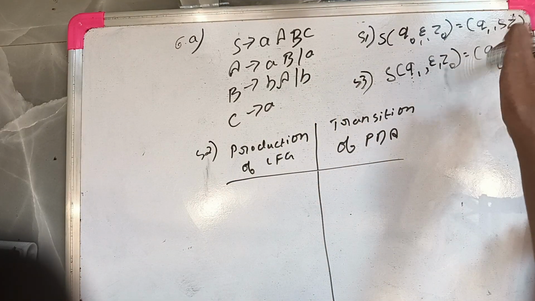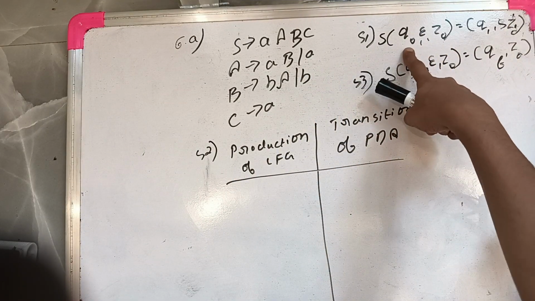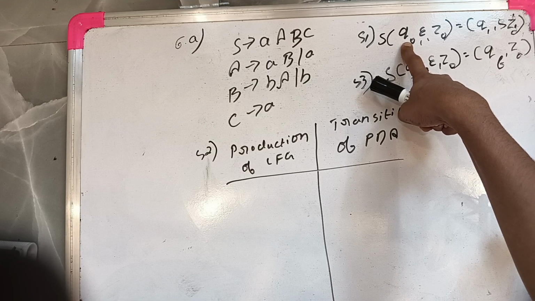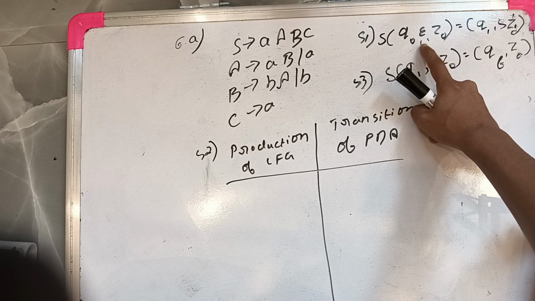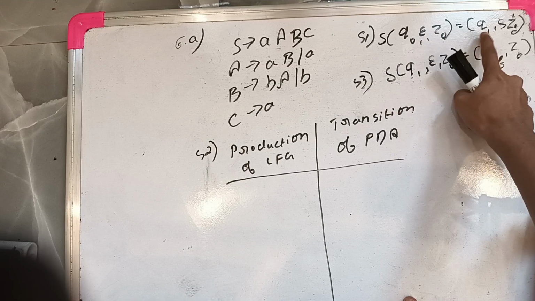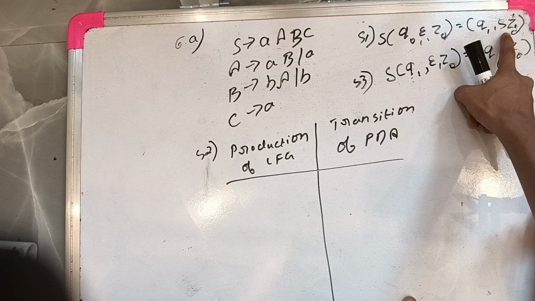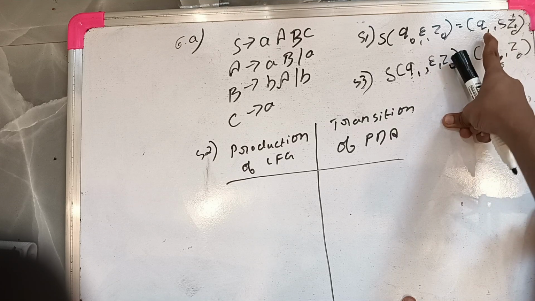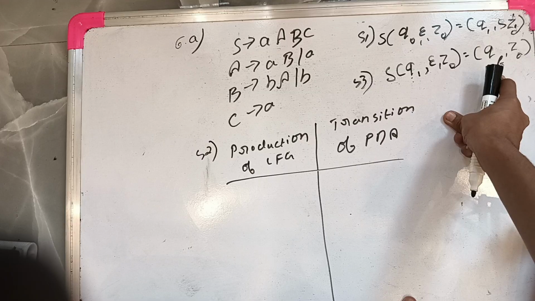Remember, in q0 the initial stack symbol is Z0, where the initial state changes the state to q1, and after that in the stack top we have SZ0, and for the final state we represent qf.